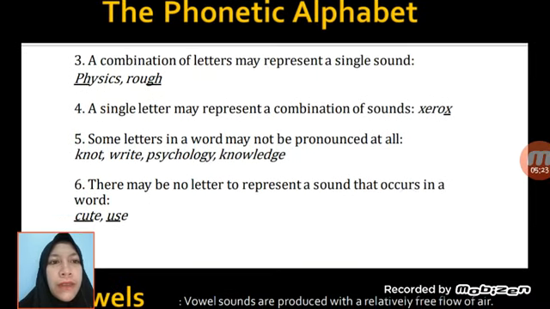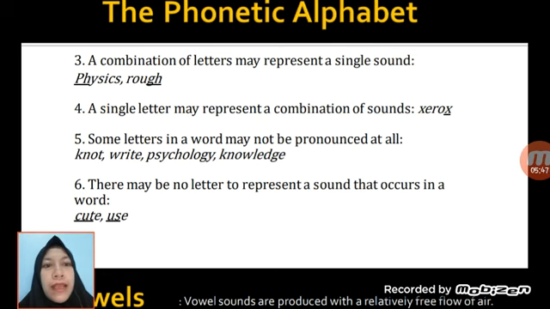Also, a combination of letters may only represent a single sound. For example, the two letters PH or GH only sound F in physics and rough. So that's the problem with ordinary spelling.